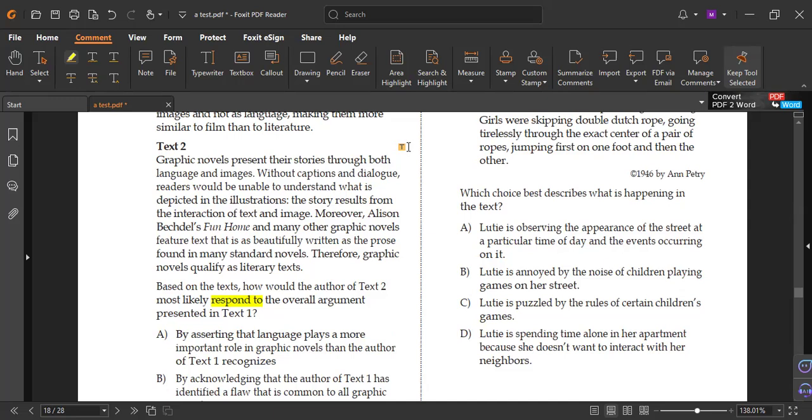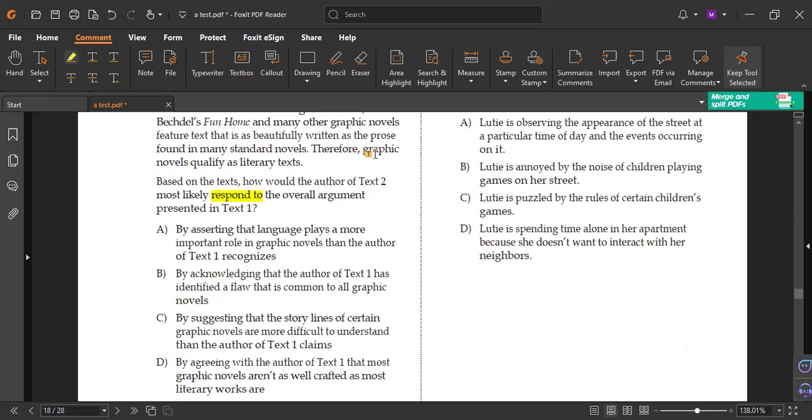Yeah, it's B. So you think it is letter B, but I don't think so. Why not A? So remember, we need the author of text 2. Acknowledge that the author of text 1 has identified a flaw that is common to all graphic.